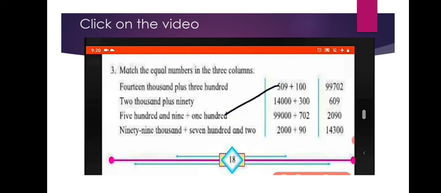You will search and solve it. See, 500 plus 100 is 600. You are doing an addition. 99,702.